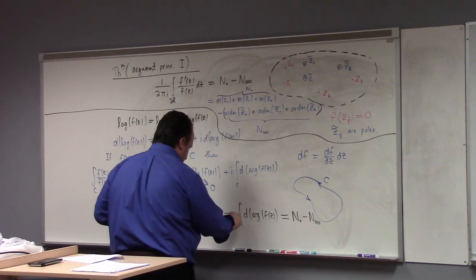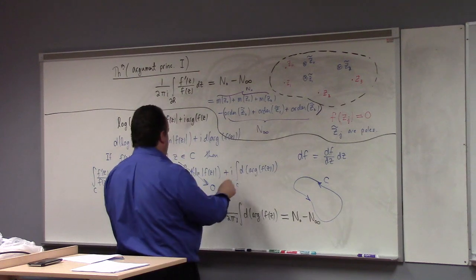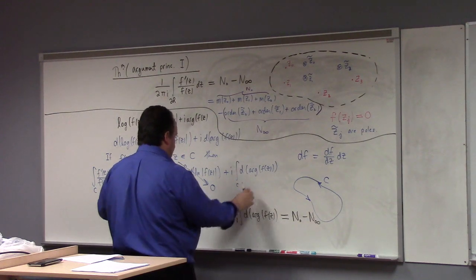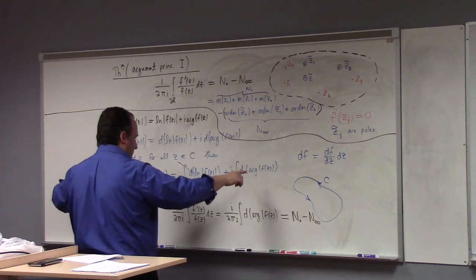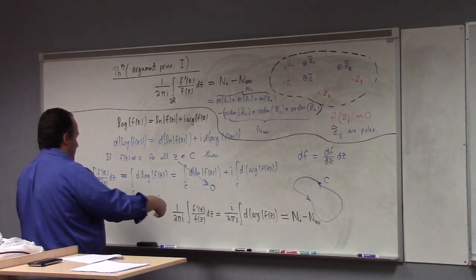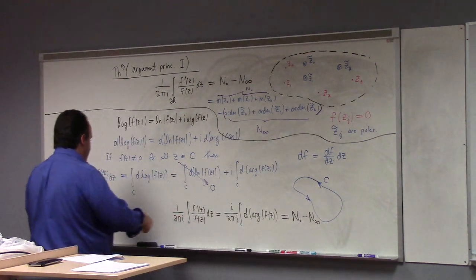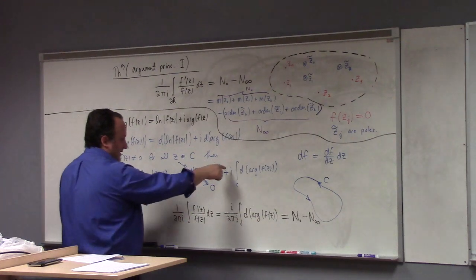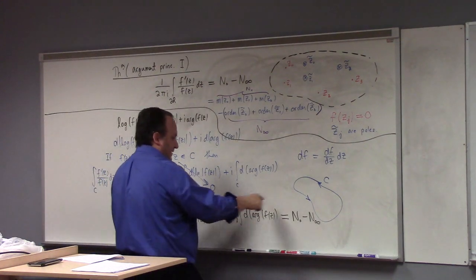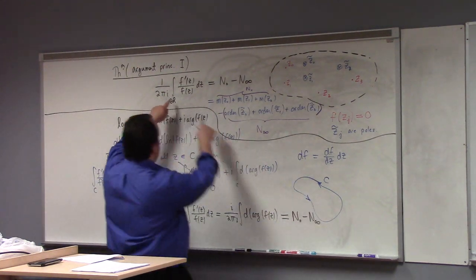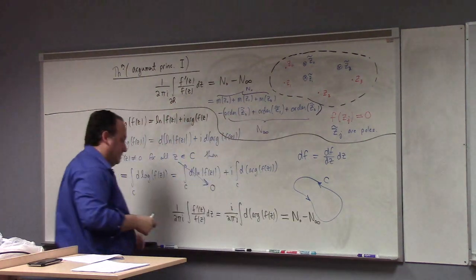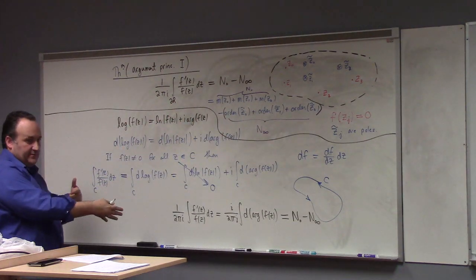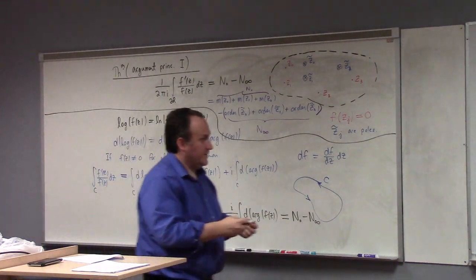All right, so 1 over 2 pi i, and there's an i here. So I'm dividing the equation above by 2 pi i, and I get i over 2 pi i, and then this is equal to that because it's what we proved last time. The i's cancel, and that gives us argument principle number 2.